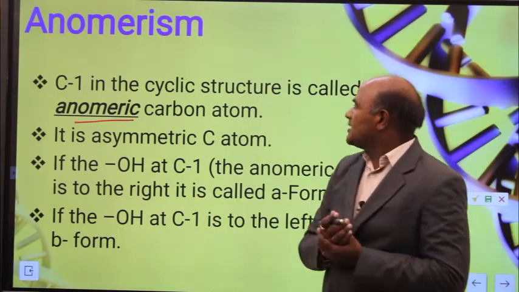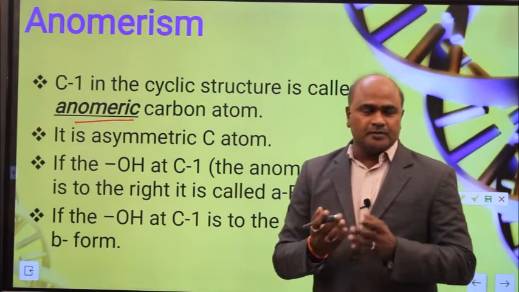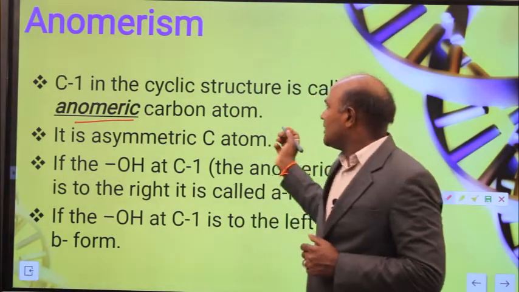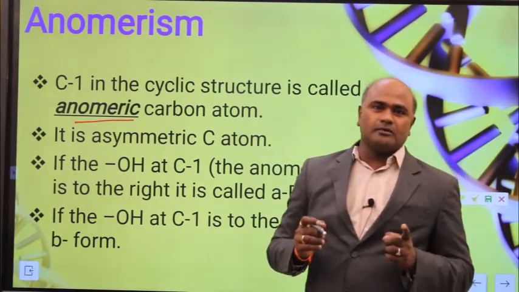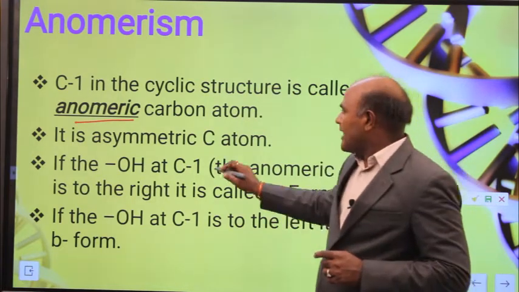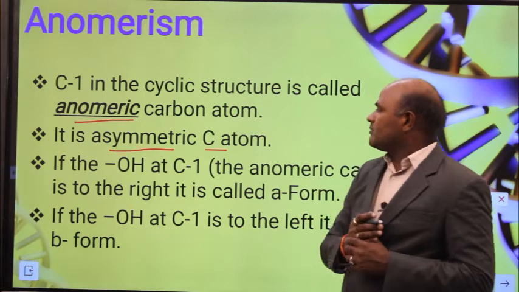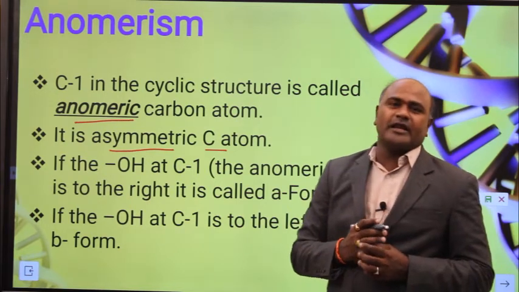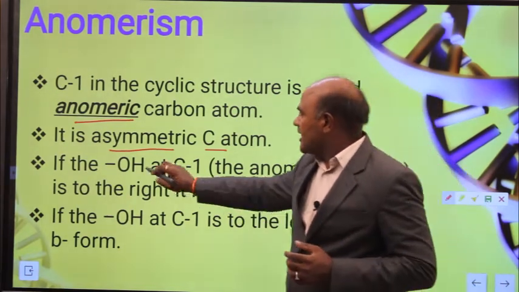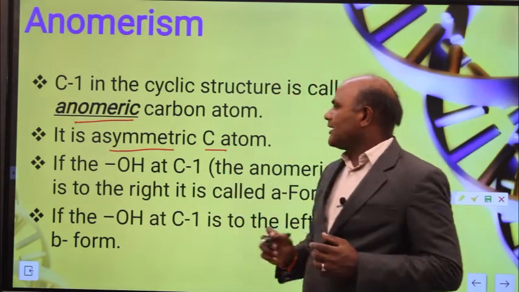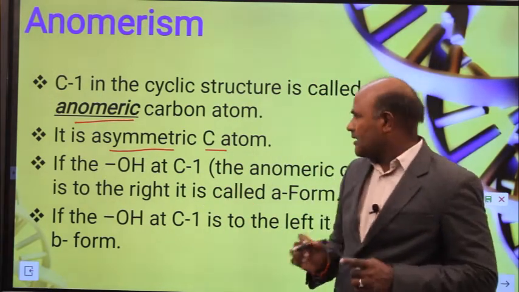Carbon 1 in the cyclic structure is called the anomeric carbon. It is an asymmetric carbon atom.